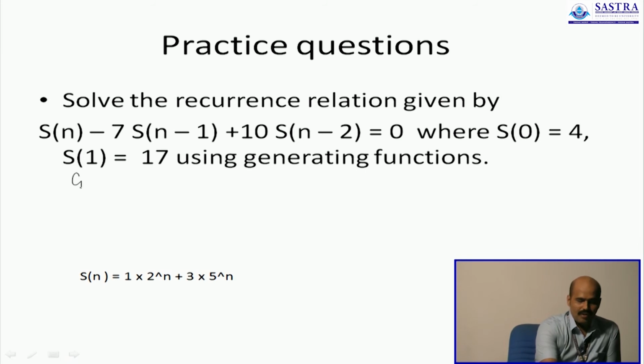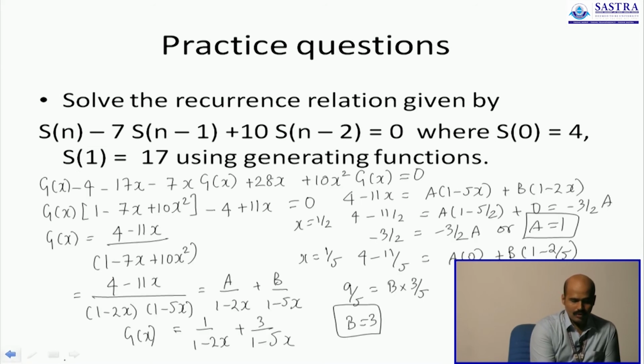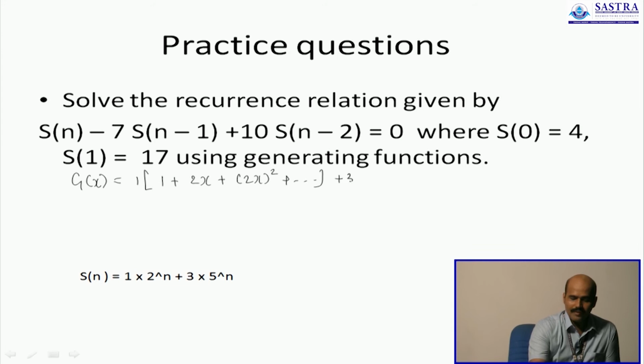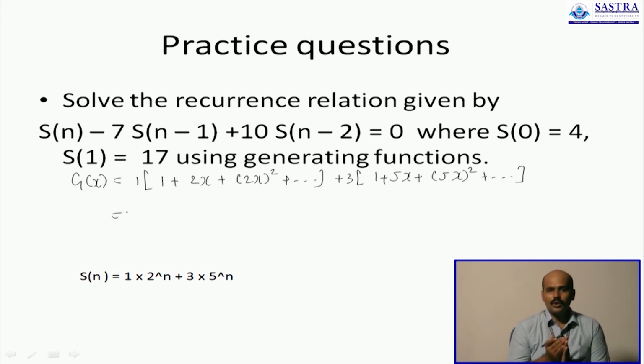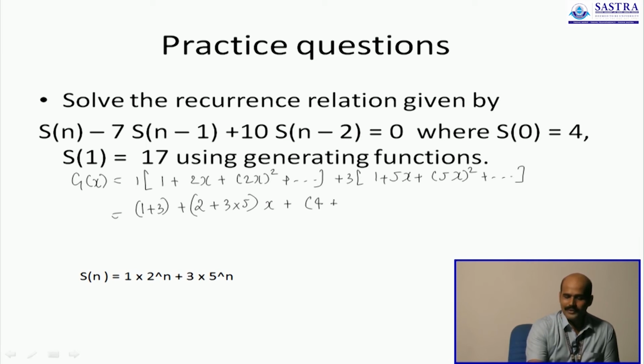So our g of x will be of this form: 1 times, you can recall that 1 upon 1 minus 2x is 1 plus 2x plus 2x the whole square plus etc. The next constant was 3, so 3 times 1 plus 5x plus 5x the whole square etc. So when you write down and add the like terms together, you will have 1 plus 3 as the first term, 2 plus 3 into 5 times x as the second term, 4 plus 3 into 5 squared times x squared as the third term.